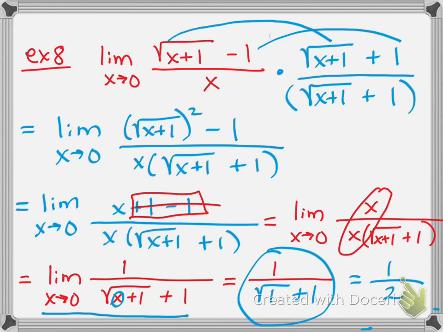We've already talked about the squeeze theorem, or the sandwich theorem, just a little bit. So we're going to go on to page 66 and look at example 9. The limit as x approaches 0 of the tangent of x over x.